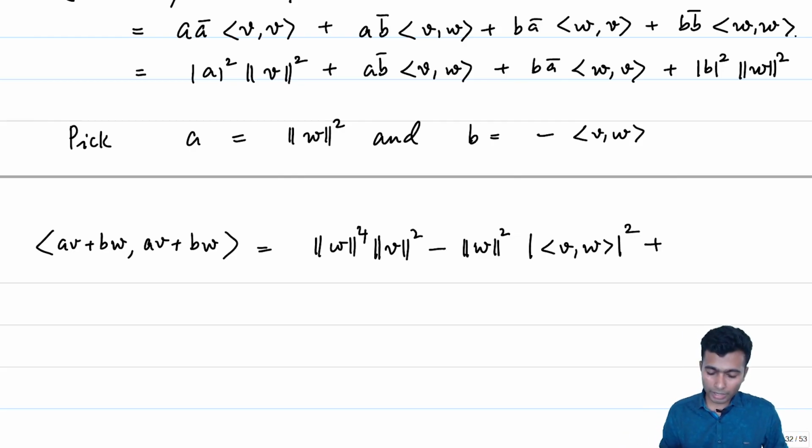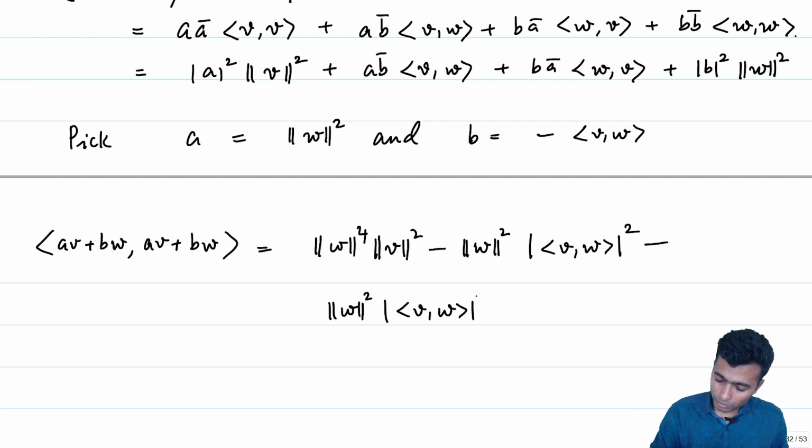A bar is just A because A is a positive real number, and therefore this is plus length of W square times B, which is minus of VW. So this is going to be minus of VW, and WV is just VW bar. So this is just again going to be the absolute value of the inner product square, because we are multiplying a number with its conjugate.